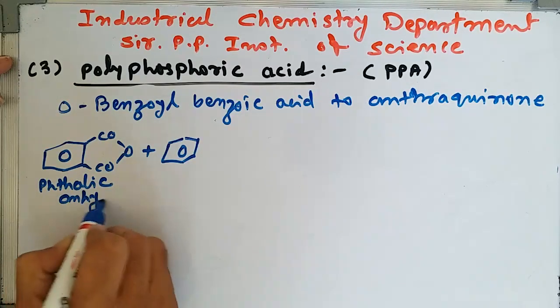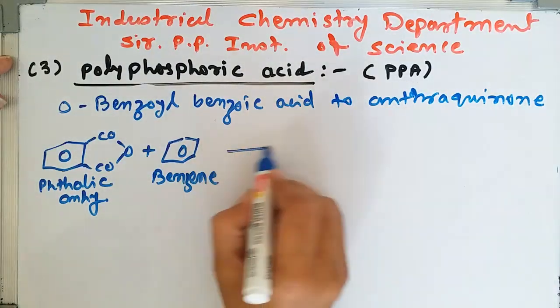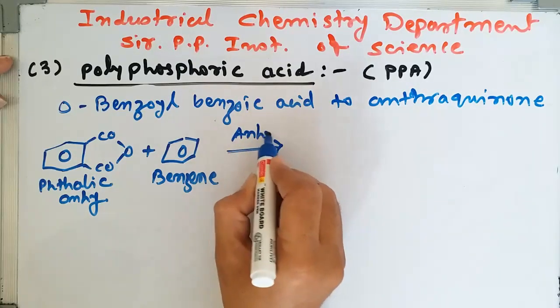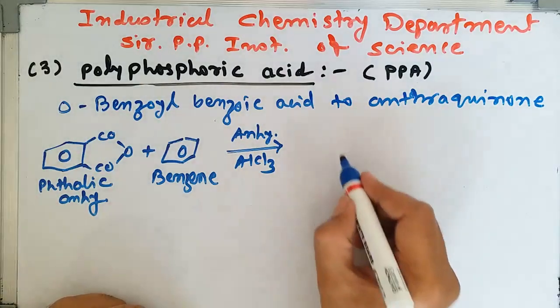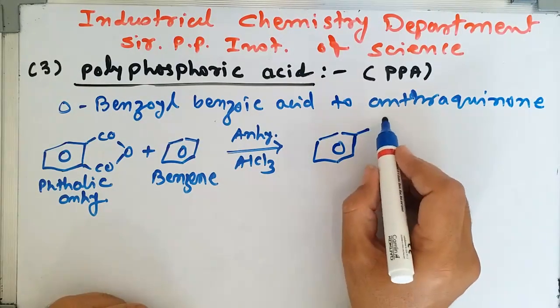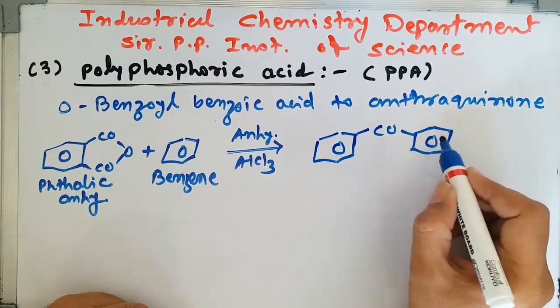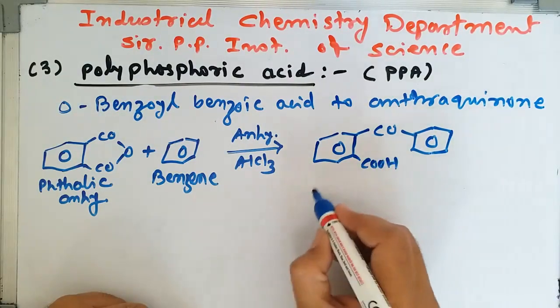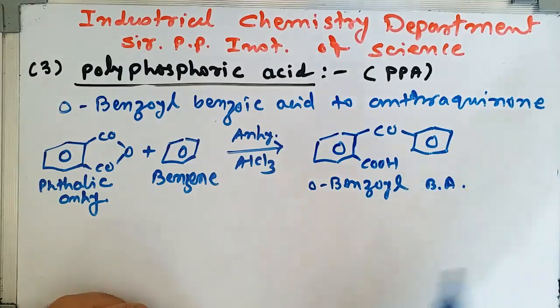Phthalic anhydride and benzene are treated with each other in the presence of anhydrous AlCl3, and we get ortho-benzoyl benzoic acid.